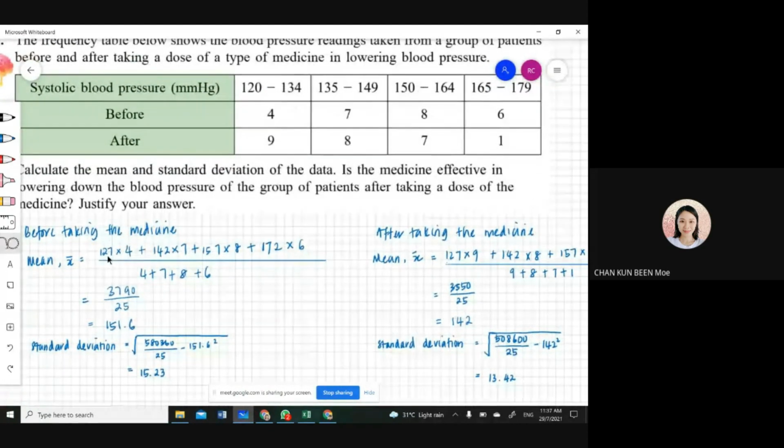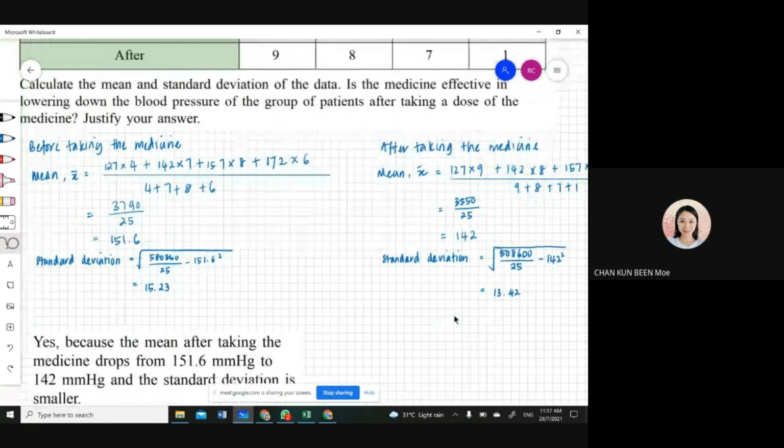So 127 squared times 4 plus 142 squared times 7, and so on, you will get the total fx squared. 580,360 over 25 minus 151.6 squared, that's the mean. So we will have the standard deviation of 15.23 before taking the medicine.